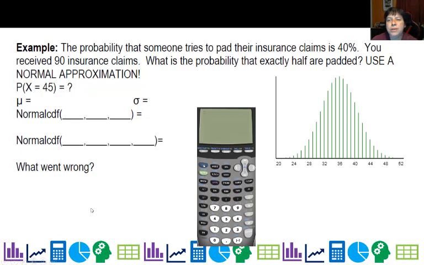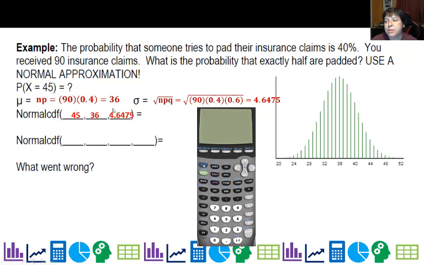So now let's try using a normal approximation. What could we do? Well, we know when we're doing normal CDF, we need mu and sigma, so let's calculate those first. n times p is going to be 36, and the square root of npq is going to be this long number, 4.6475. If I'm going to do normal CDF, I could say, well, I want it to be 45. There's my mean, and there's my standard deviation.